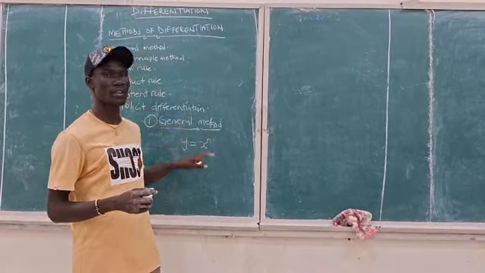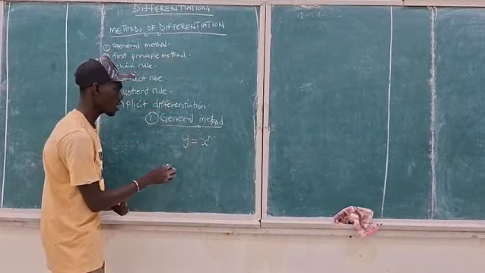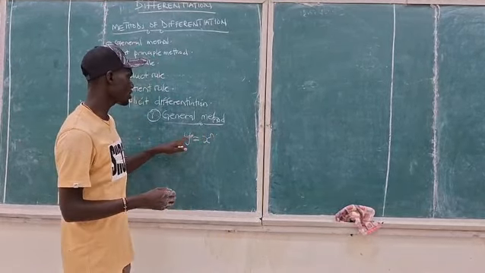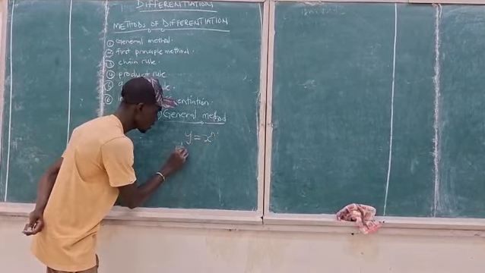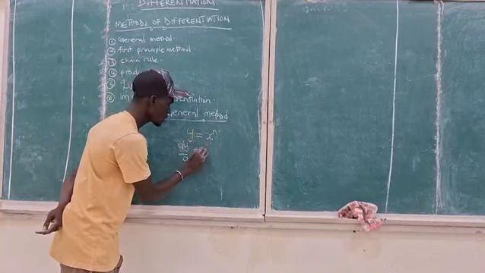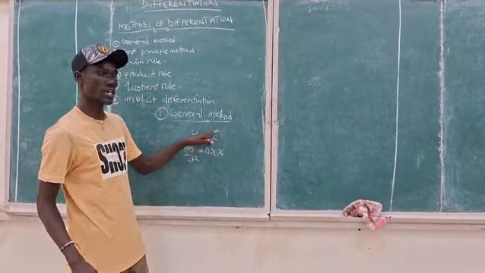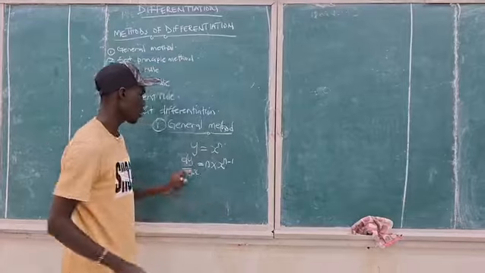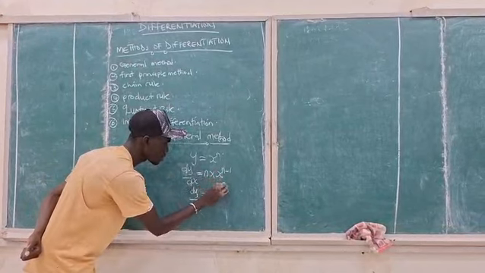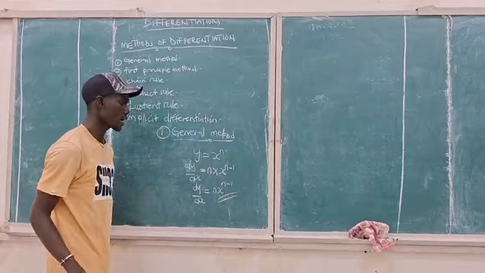Therefore, if y equals x^n, then changing y with respect to x, which is dy/dx, will be equal to n times x, and then you reduce this power, which is n, by 1, giving n minus 1. So dy/dx equals nx^(n-1).